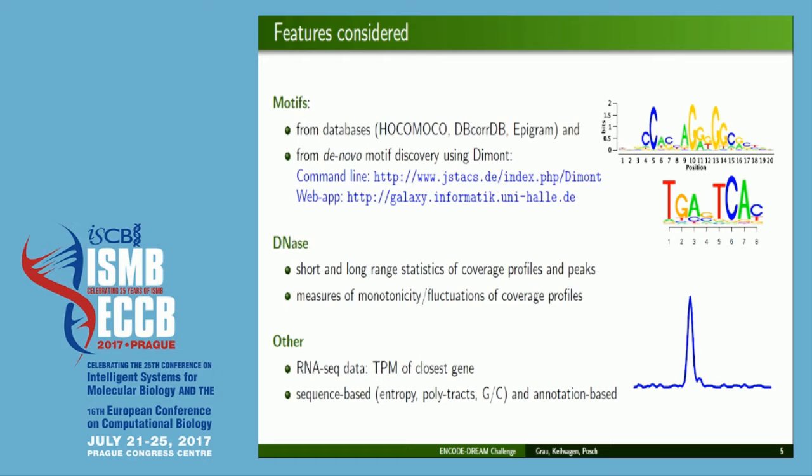And finally, from the RNA-seq data, we used the TPM value of the closest gene for the current region for which we should make predictions. And we also derived several sequence-based features, information theory-based features, and something like GC content or number of CpG dinucleotides, things like that, and also annotation-based features.